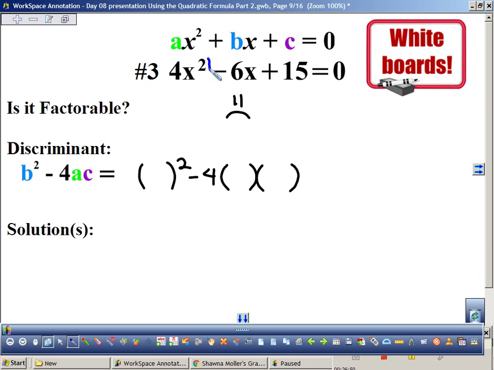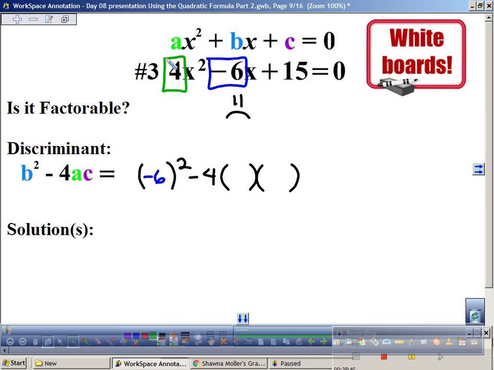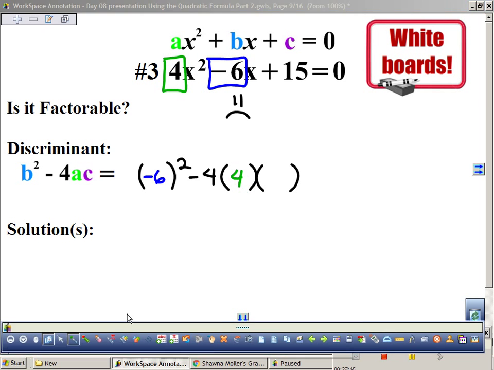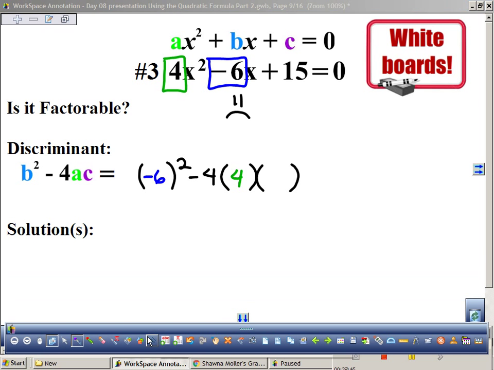My b is that whole thing, negative 6. My a is 4. And my c is 15.